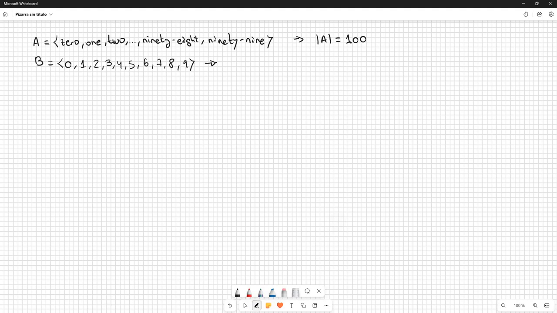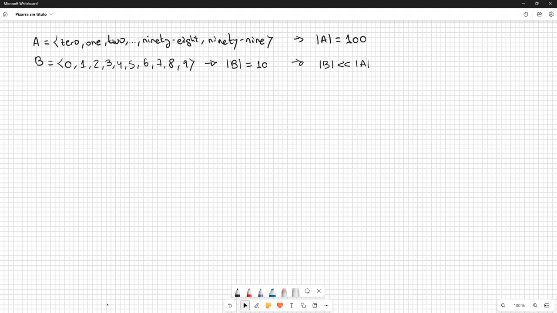So the cardinal of B, the number of elements, is 10, and 10 is much smaller than 100. So we can use the elements of B to represent the elements of the alphabet A.